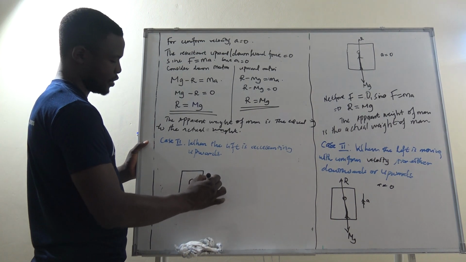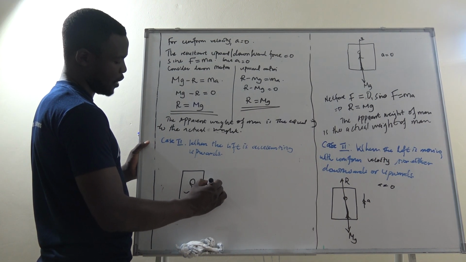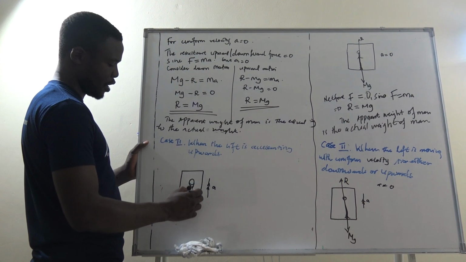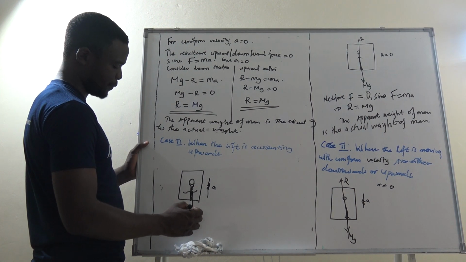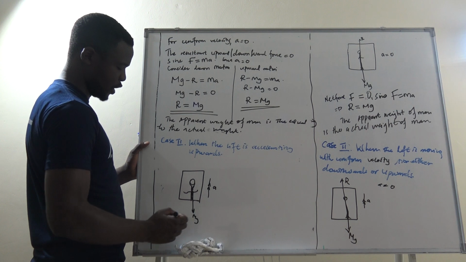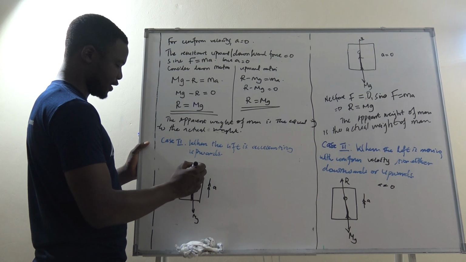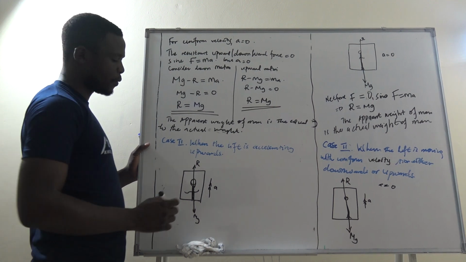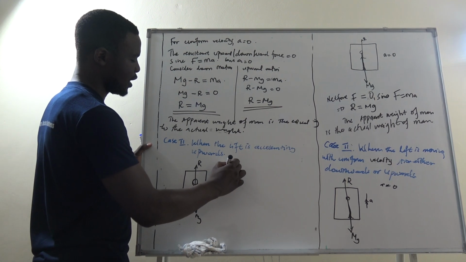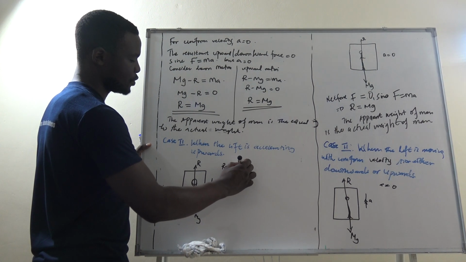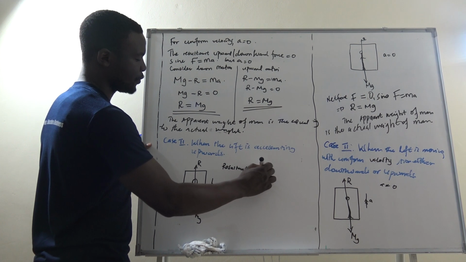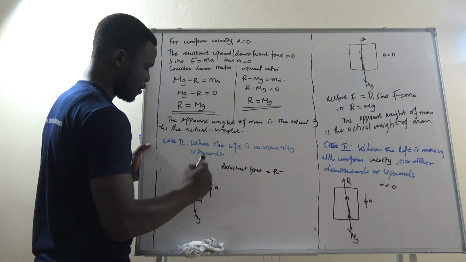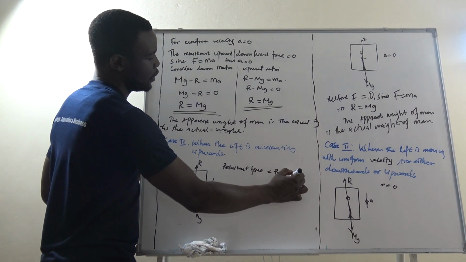If the lift is moving upwards, the direction of acceleration should also be upwards. And the weight of the man will always act downwards, and the reaction will act upwards. Now, the resultant force for upward motion should be equal to the force pulling upwards minus the force pulling it downwards.